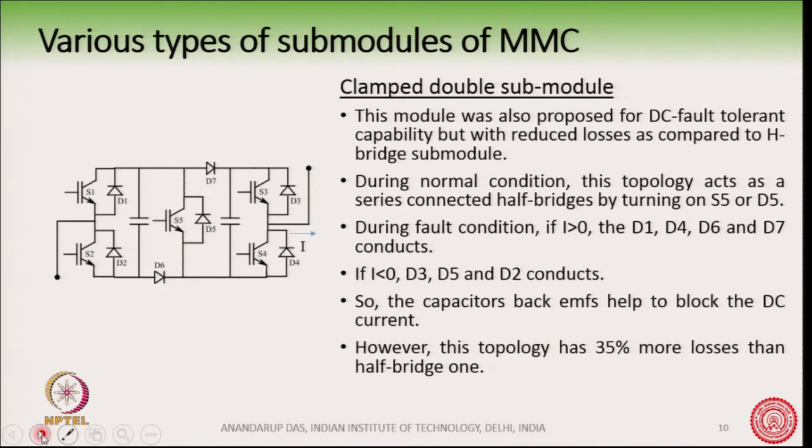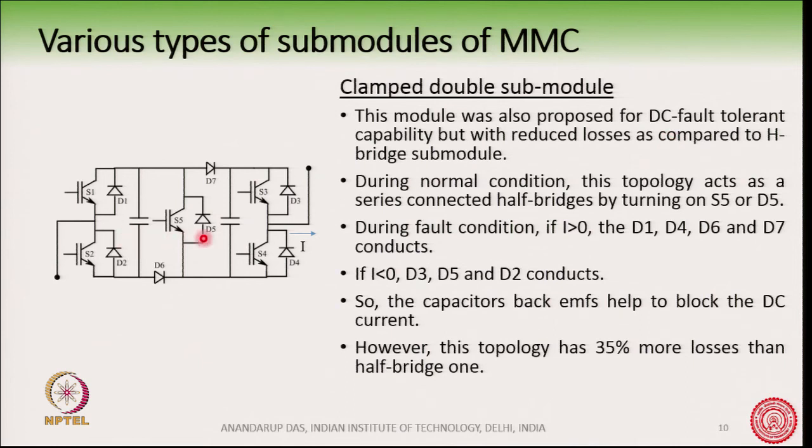So, this is the clamped double submodule. This topology was proposed for DC fault tolerant capacity, but it has a reduced loss as compared to the full bridge. So, how does it operate?